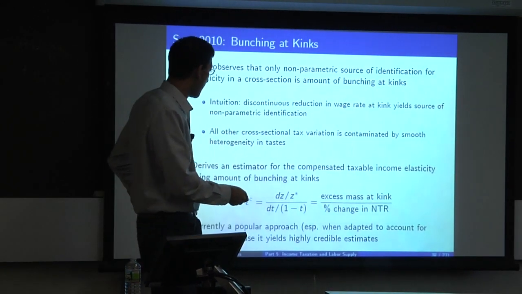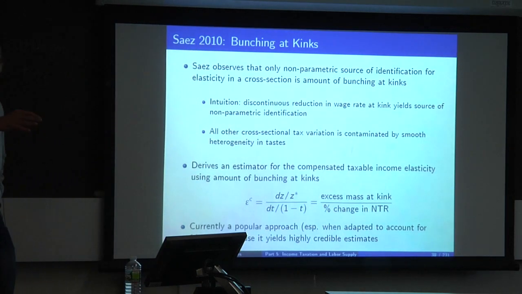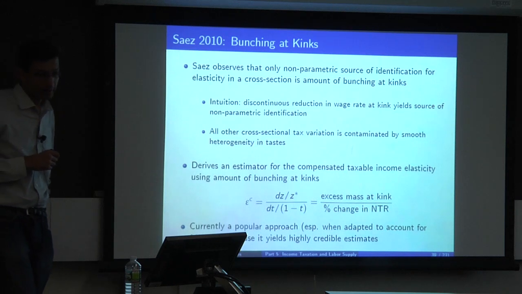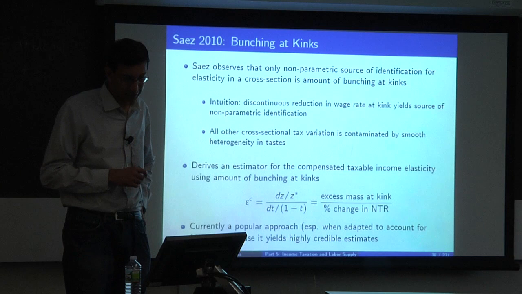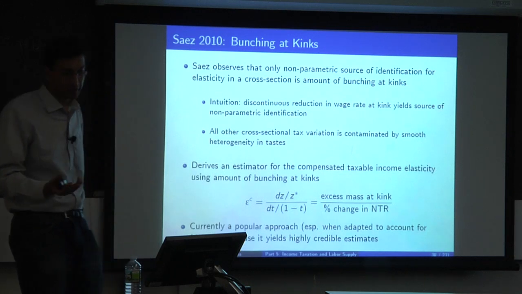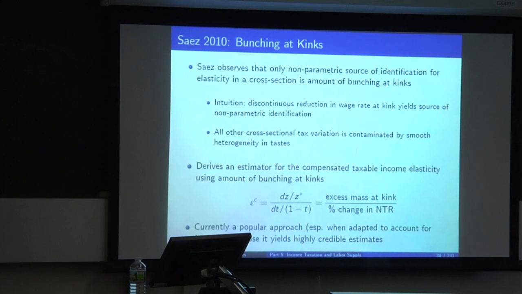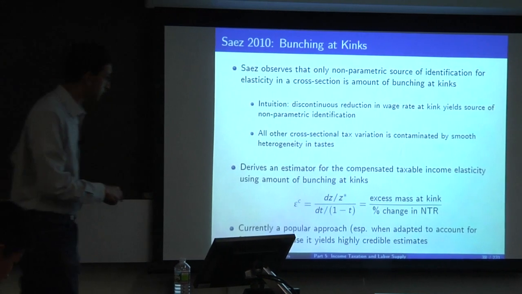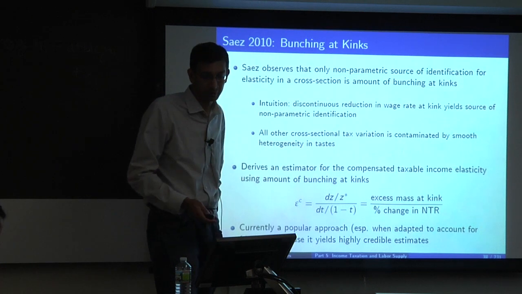It's just the ratio of the excess mass at the kink divided by sort of the size of the treatment, the percentage change in the tax rate at that kink point. And that, I'll show you how you derive that formula in a second. That's become a very popular approach currently, because it turns out that when you connect this to the frictions issue, it yields highly credible estimates and gives you some insight into what's going on.